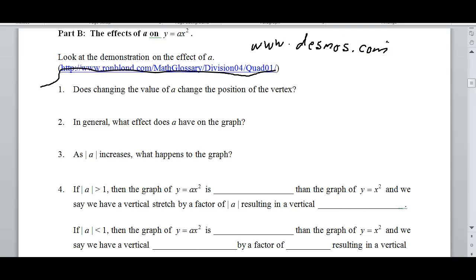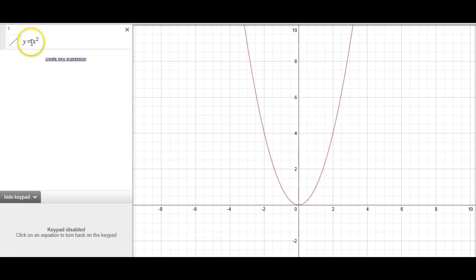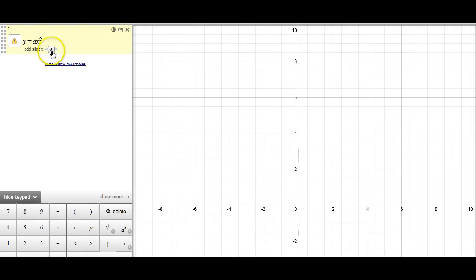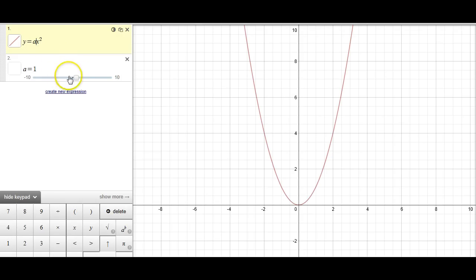And what we'll do is go back to that, create a slider, and take a look at what happens when we change the value of a and answer these questions. Okay, we're back. I'm going to go into here, edit this, put in an a, and add a slider.